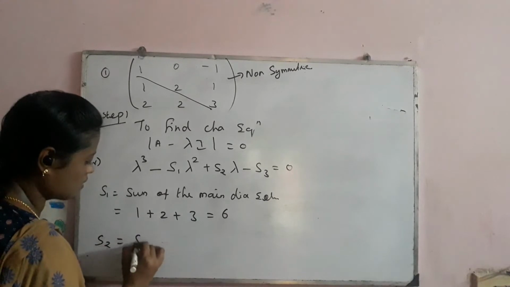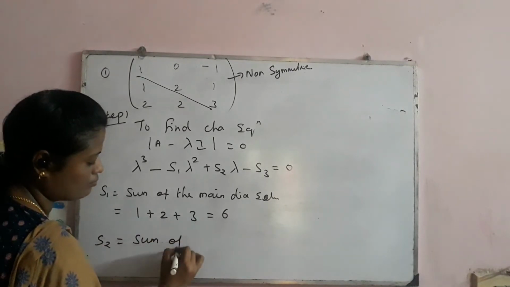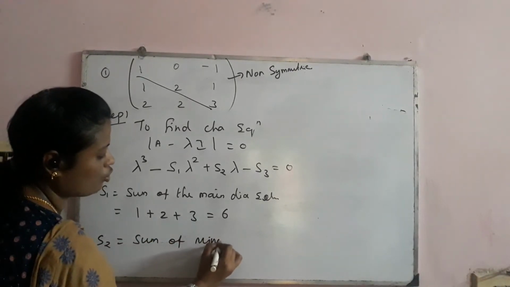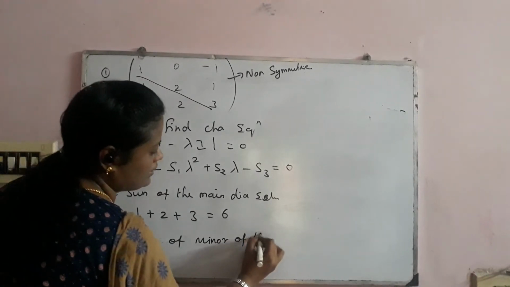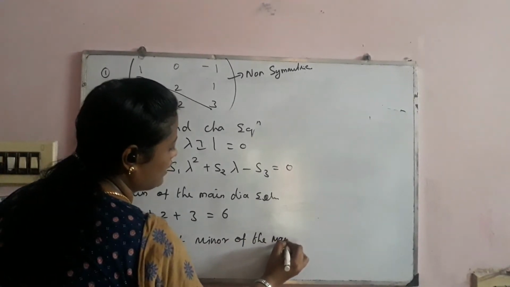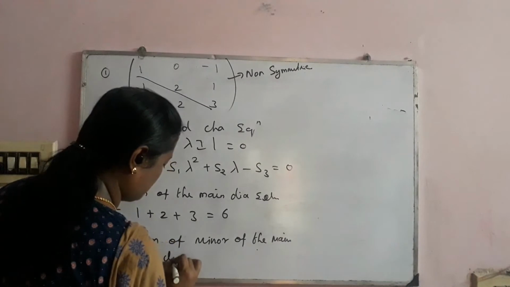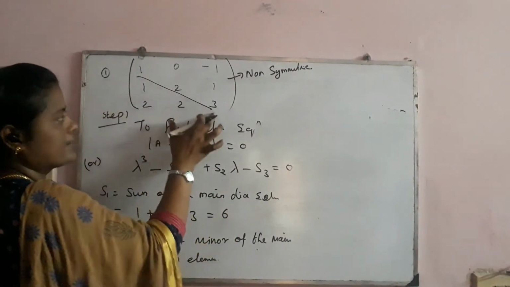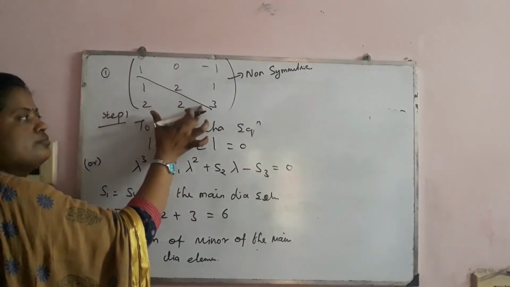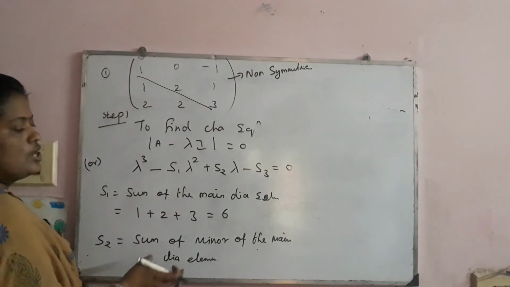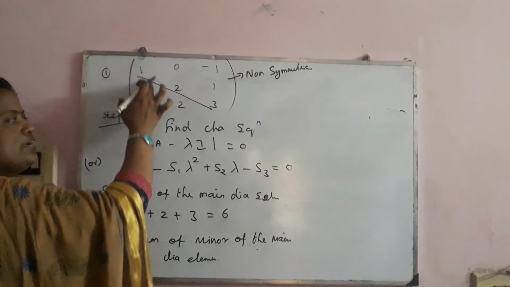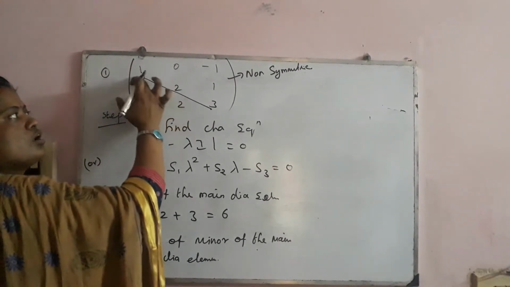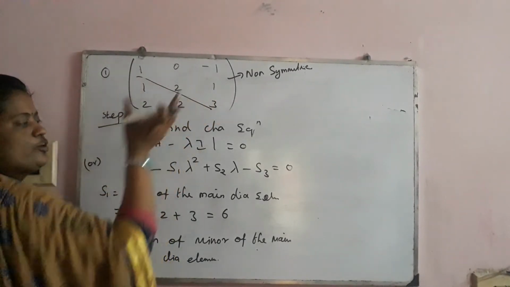S2 is the sum of the minors of the main diagonal elements. For each main diagonal element you have to find the minor. Minor means you leave out the corresponding row and column, and the remaining part is the minor.